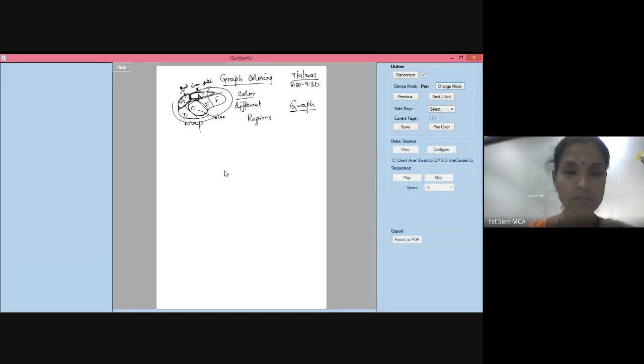In order to represent this map using a graph, every region of the map I am going to represent as a vertex.